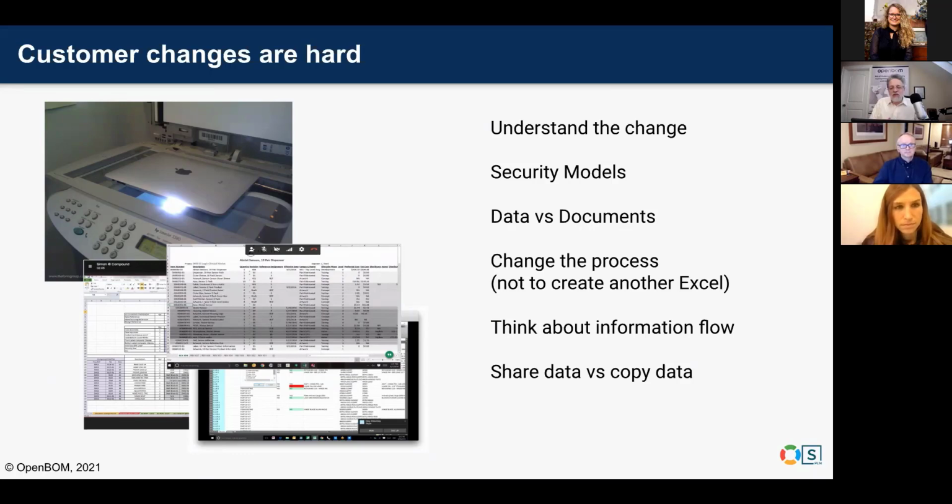Also, there is a fundamental difference between managing documents and managing data. That's something that requires understanding, and customers need help to understand it. We do not work with documents, we work with data. We have the ability to share data and not send documents between people.